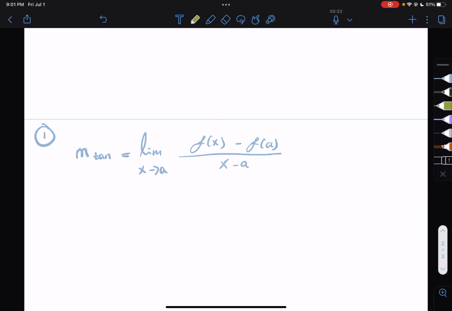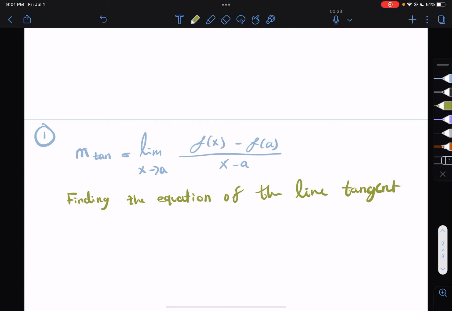We'll be finding the equation of the line tangent to the graph of f of x equals x squared at x equals 3.